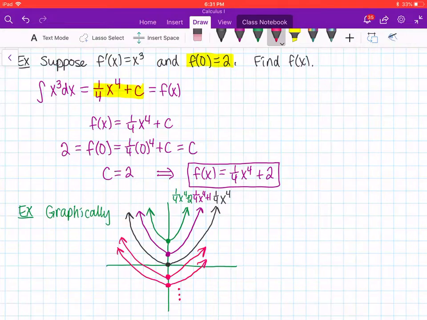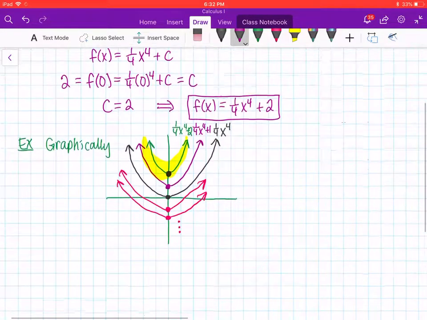But if we're given that extra information of f of 0 equals 2, then we can really focus in, and we know that f of 0, so x equals 0, is up at 2. So then we know that we're on this green line right there. Okay, so that's what's going on. And so whenever we have this extra information, we can actually find what c is.